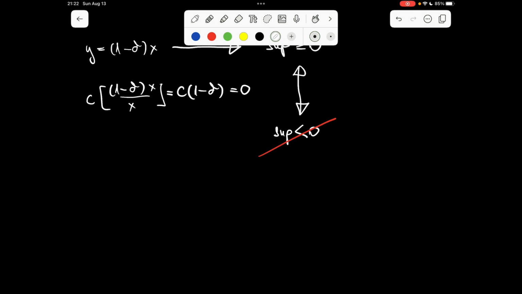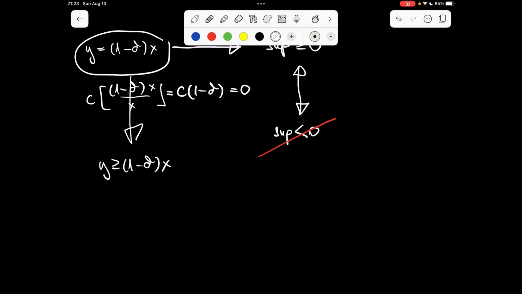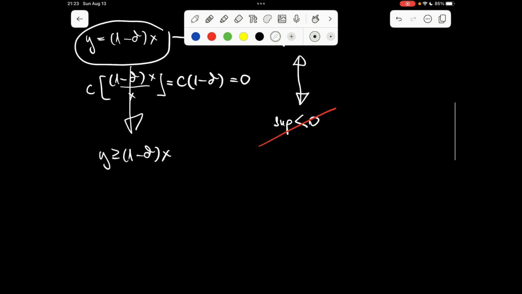Given that this policy is free, it would make no sense for the firm to follow an investment policy which is lower than this level. So we can say that in the supremum problem, this inequality holds for all possible investment policies. This is the real lower bound for investment policies for the firm.